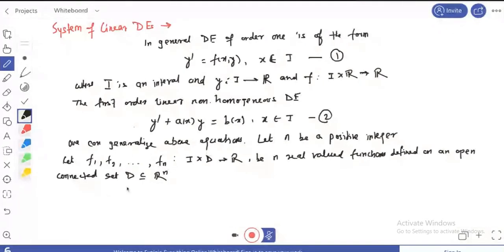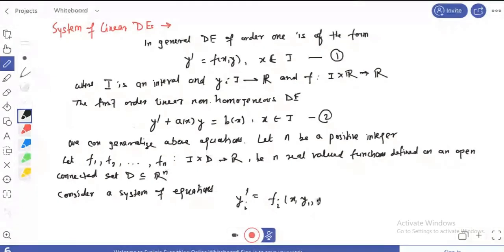If we consider a system of equations, we write yi prime equals fi. There are n functions, all of x and y1, y2 up to yn. So there are n linear first order differential equations, with i equals 1 up to n.